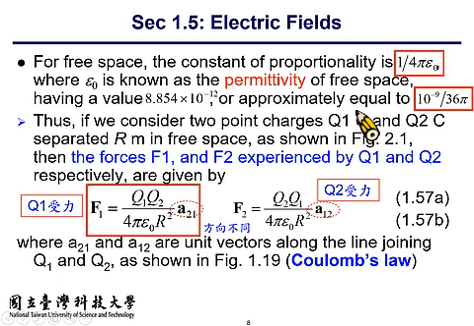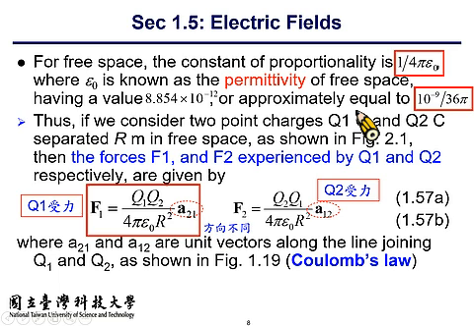All right, so come back to here. Here is another important relationship. As I already mentioned, epsilon sub 0 is known as the permittivity of vacuum, which is 8.854 times 10 to the minus 12, which interestingly can be expressed as 10 to the minus 9 divided by 36 pi.